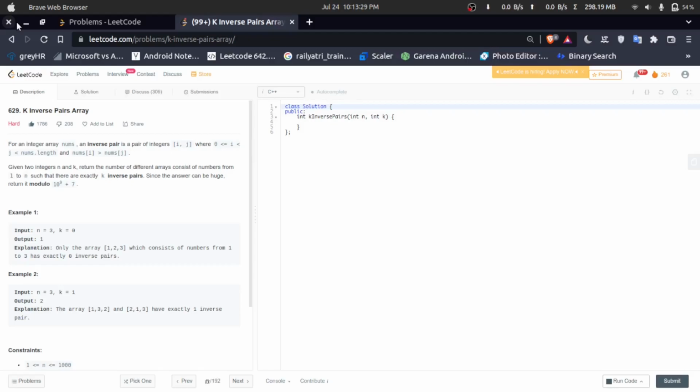In that case that will be an inverse pair. We have to return the number of different arrays consisting of numbers from 1 to n such that there are exactly k inverse pairs.